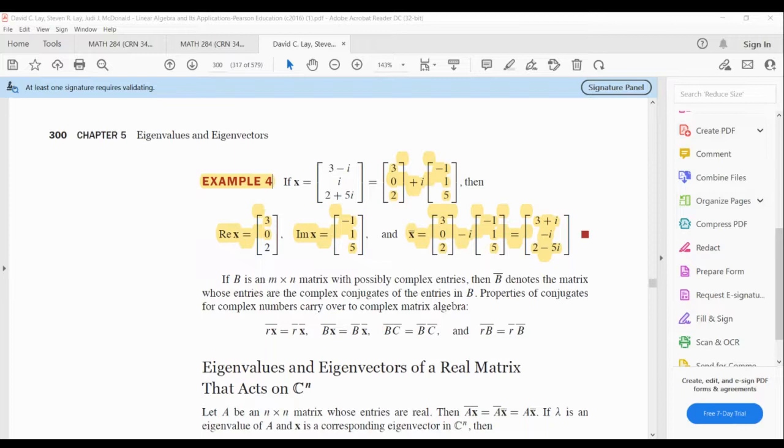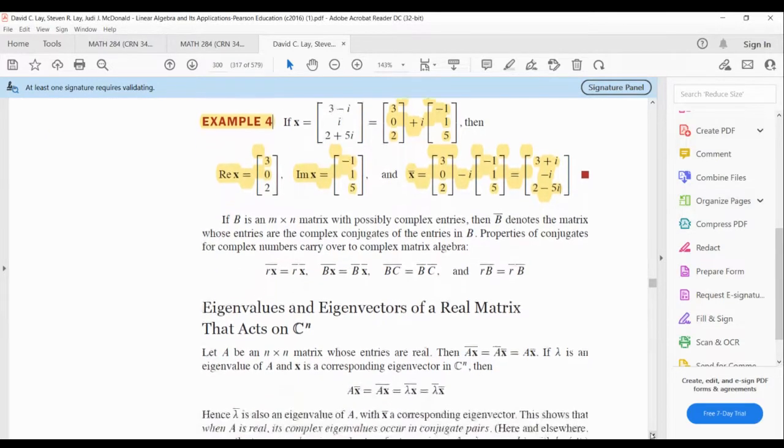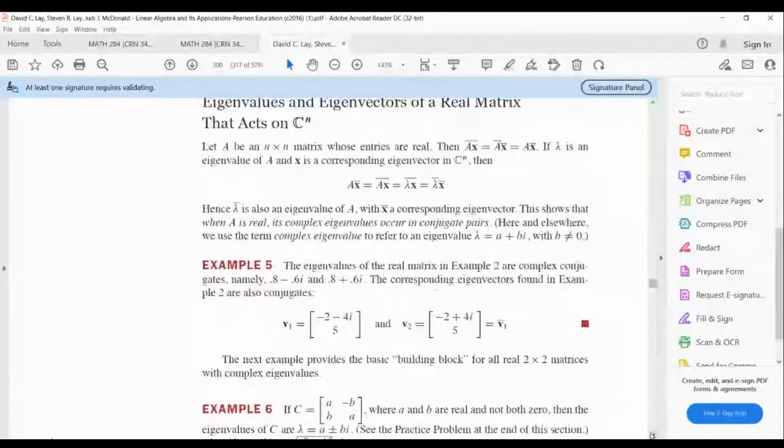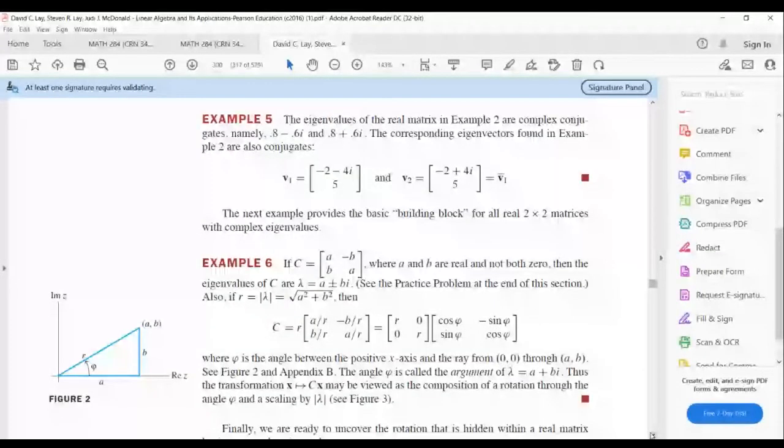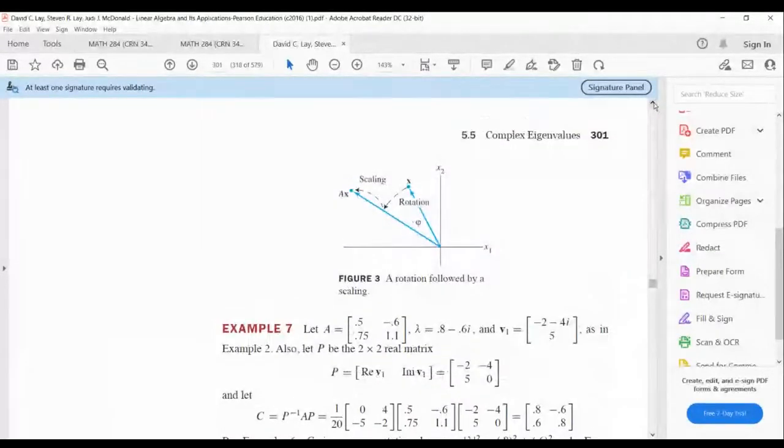Now let's talk about this rotational action that's going on. I want to go down here to example 6. Whoops, went too far.